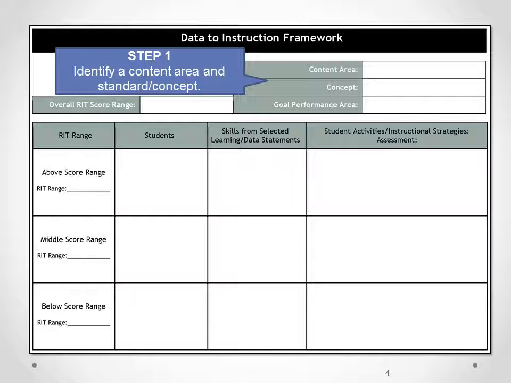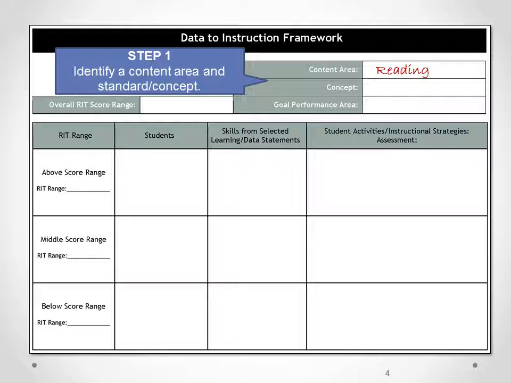Step 1, the first section, is content area. For our demonstration today, we will use reading. The second step is to identify the related goal performance area from the Descartes Learning Continuum and a concept skill within this performance area.